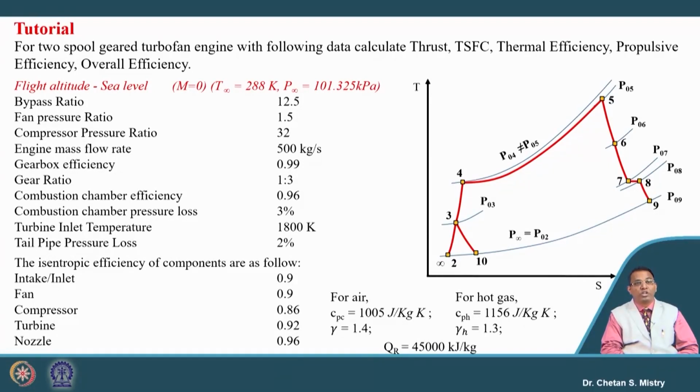gear ratio is 1:3, combustion chamber efficiency is 96%, combustion pressure loss is 3%, turbine entry temperature is 1800 Kelvin, tailpipe pressure drop is 2% and the isentropic efficiency of different components: for intake it is 90%, fan 90%, compressor 86%, turbine 92%, nozzle 96% and the calorific value of the fuel is 45,000 kilojoule per kg.